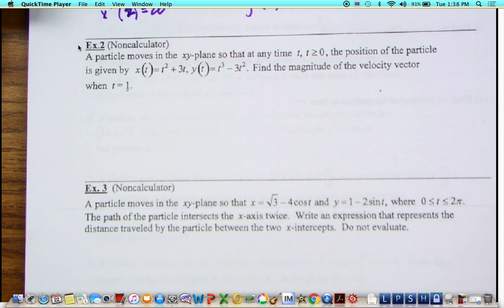So now I'm finding the resultant. But notice you've been given the position. I want the velocity magnitude, so I'm going to have to find the velocity equations of those things before I address the magnitude, right?